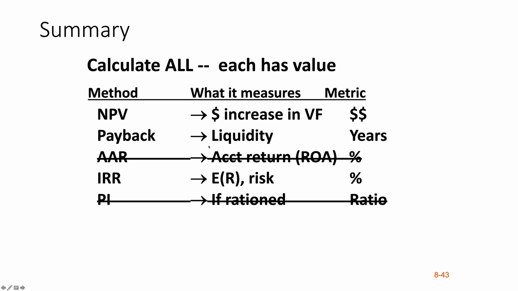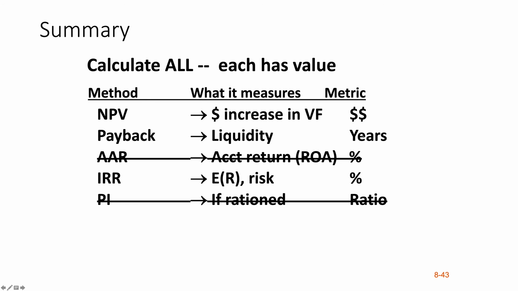Remember, sometimes it's fractional years. Internal rate of return takes into consideration the company's cost of capital and is in percentage terms. It should be higher than the cost of capital. So one is in dollars, one is in years, the last one is in rate of return.